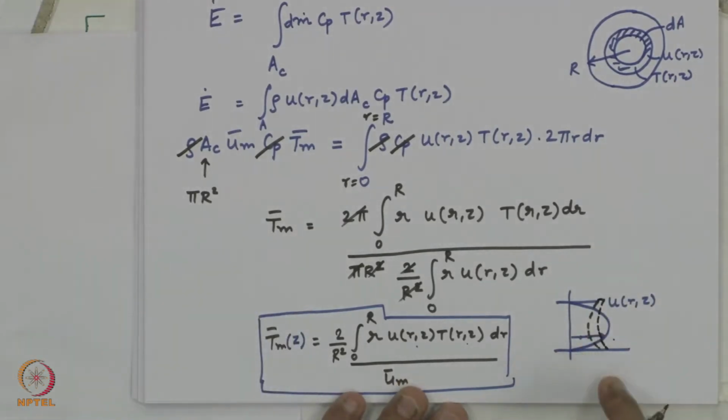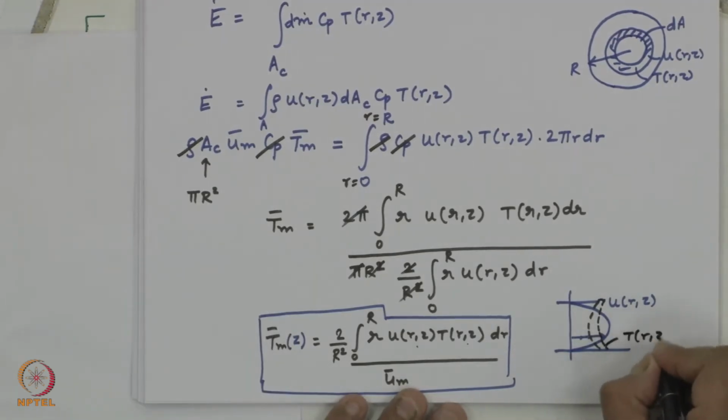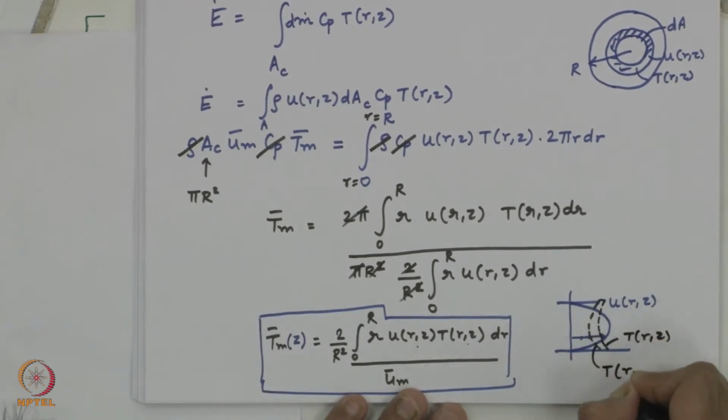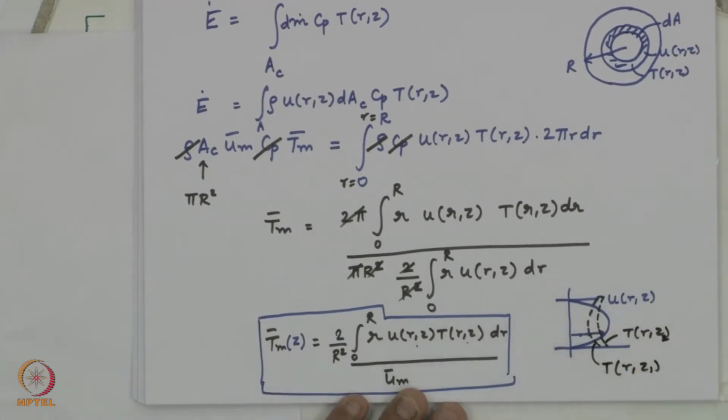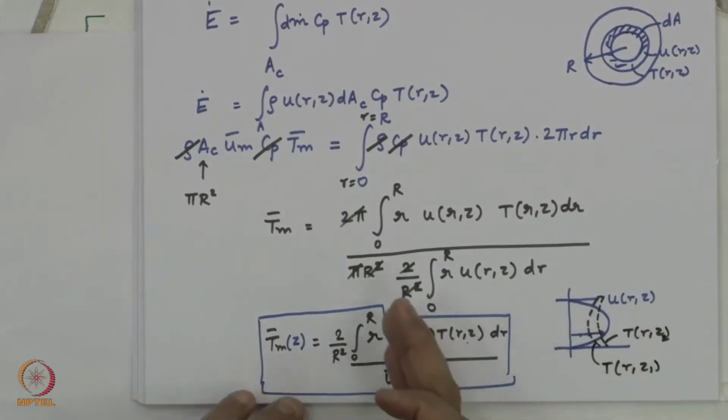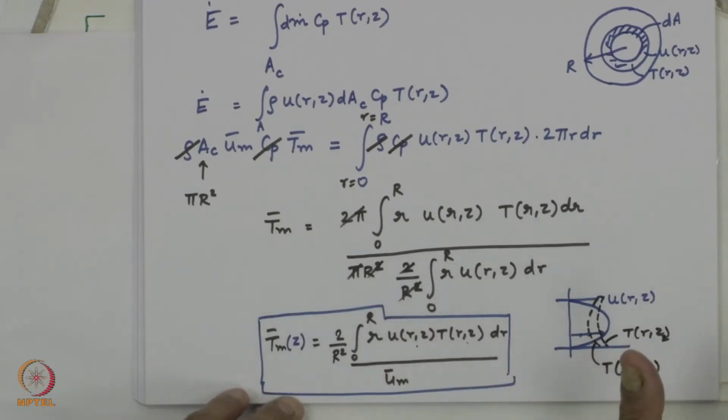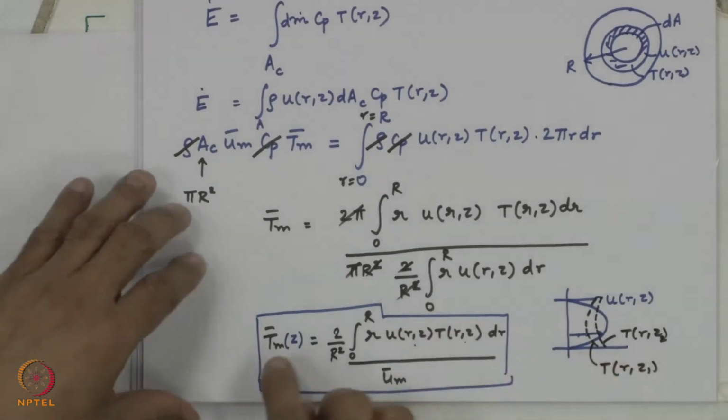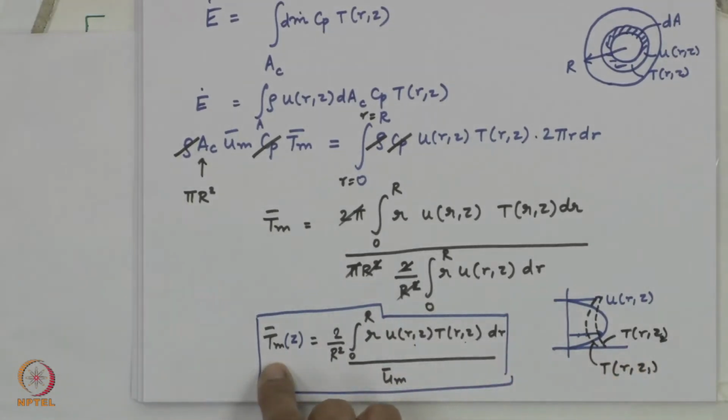So, I am going to have a bigger number for T. So, this is T of r comma z2, this is earlier T of r comma z1. So, the temperature profile curves are going to become bigger and bigger as I move in the flow direction. So, bulk mean temperature or mixing cup temperature is also going to become higher and higher along the flow direction. So, this is the definition of the bulk mean temperature.